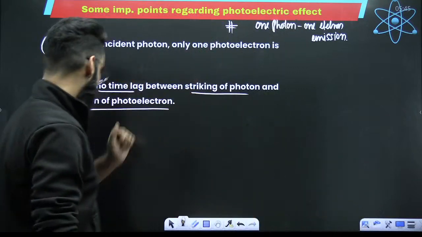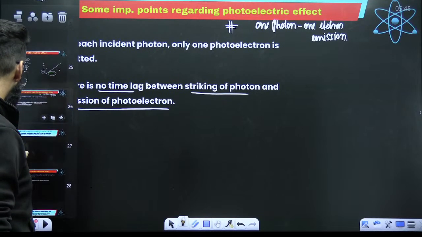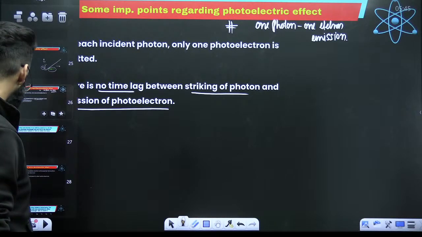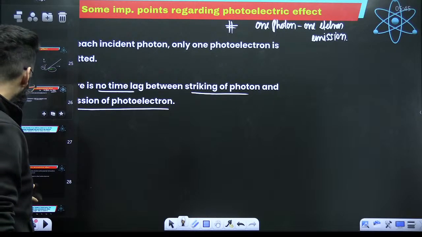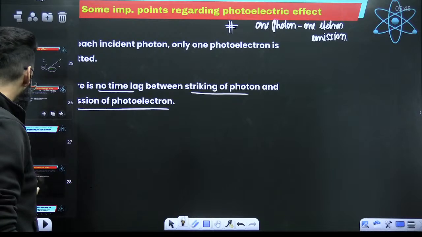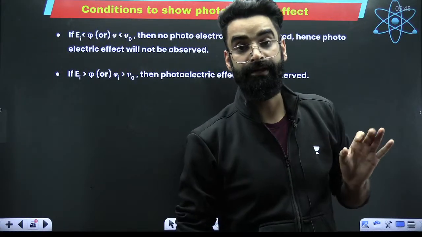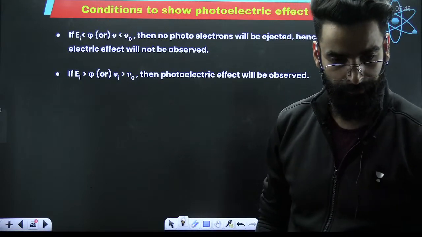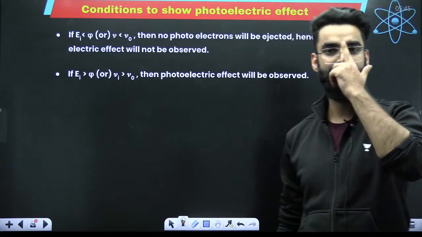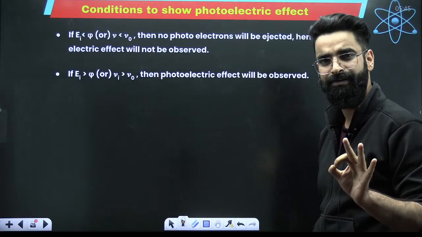Now, we will try to understand a few more things. If you ask me exactly, what are the conditions which must be satisfied for the photoelectric effect to happen? My dear students, the condition is very simple.